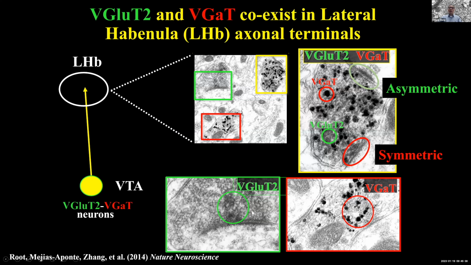In this study, we found some terminals have only VGluT2 and some have only VGAD, and we did see terminals containing both VGluT2, seen as dark diffuse material, and VGAD, seen as gold particles. This terminal contains an asymmetric synapse and a symmetric synapse.